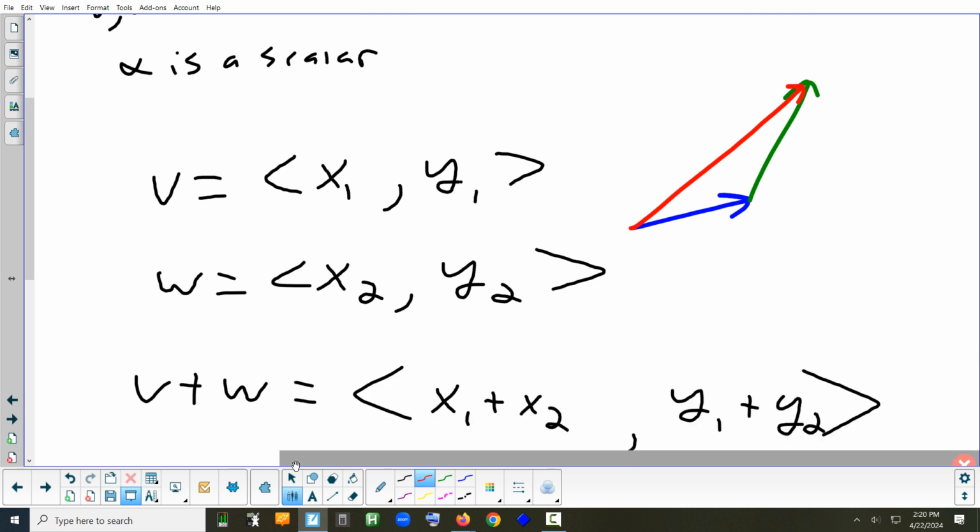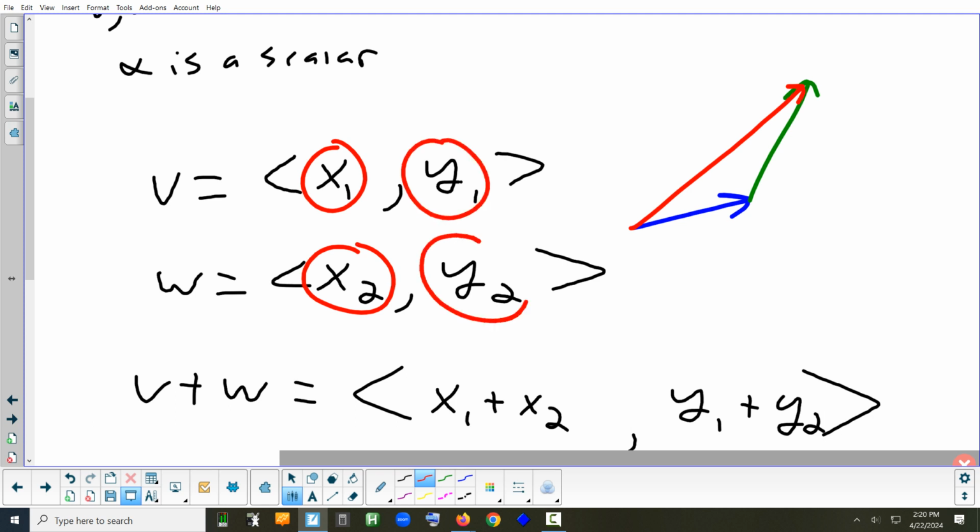All you have to do if you want to add two vectors together is take the two numbers that represent horizontal and add them up. Take the two numbers that represent the vertical and add those up. And that's all you have to do. So you just add them up.